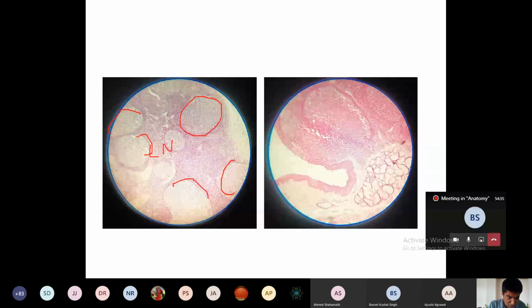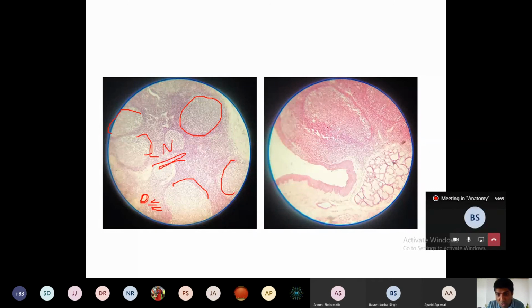Other than this, if you go towards the medulla, there will be the lymphatic medullary cords, and in between the medullary cords there will be the sinuses. So these points you see again in the text, your notebook, and write down this thing. But for identification, you have to focus here.